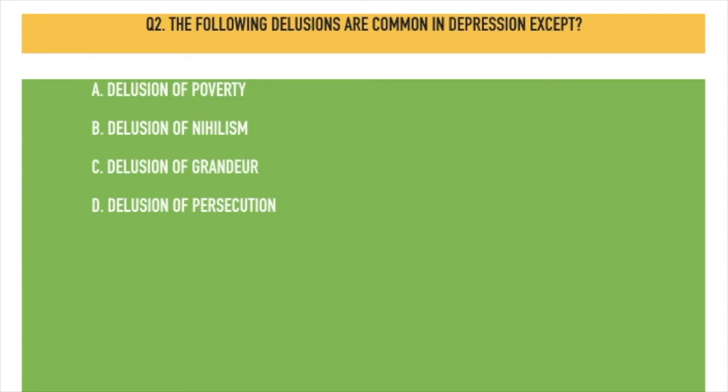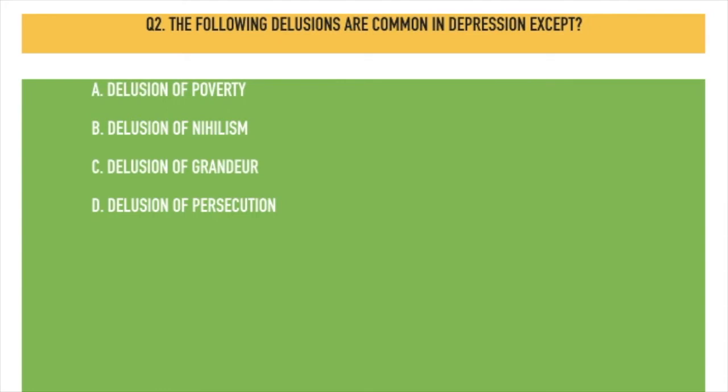Poverty means the person assumes he is poor, or he doesn't have money, or he doesn't have anything to eat, like that. That is delusion of poverty. So that's not a manic symptom. That's a depressed thing. It happens in depression, so it is not the answer.